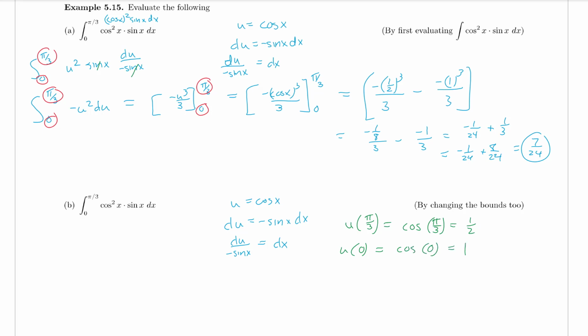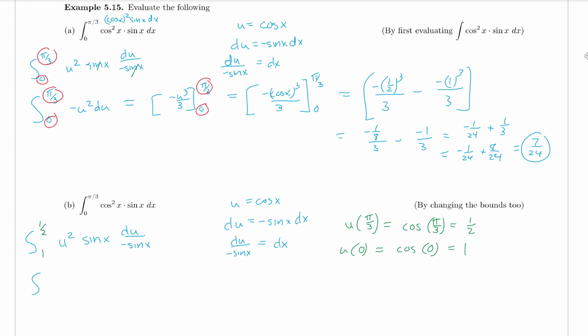So now I can rewrite this integral with my bounds of 1 and 1/2 because I've converted my x bounds into u bounds by plugging them into my u equality for the x's. And then I have that cosine squared of x becomes u squared, and then I have sine of x times du over minus sine of x.